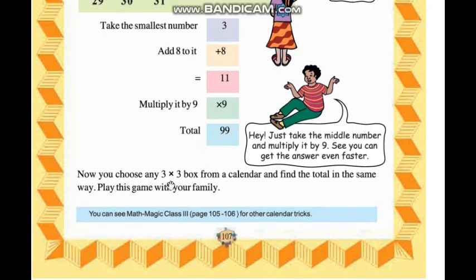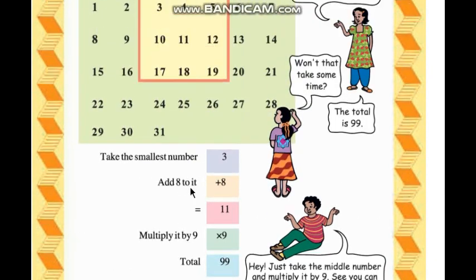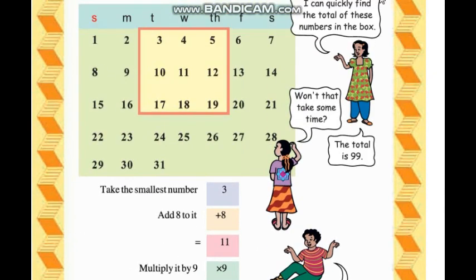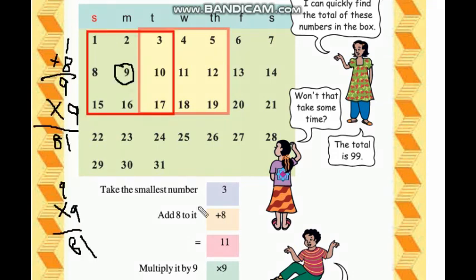Now you choose any 3 by 3 box from a calendar and find the total in the same way. Play this game with your family. Okay, let's do this. First choose any 3 by 3 box. So here we are choosing this 3 by 3 box from this calendar, and now we are finding out the total in the same way.